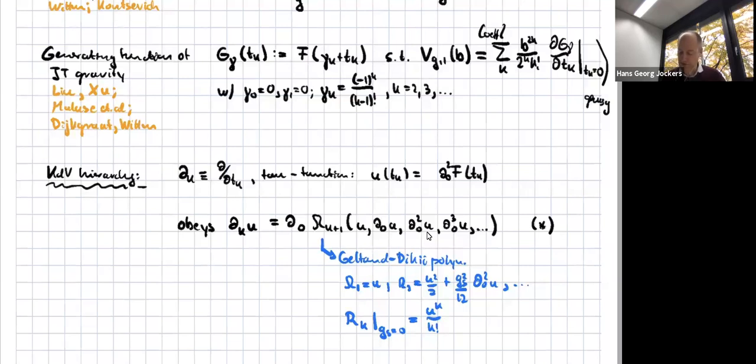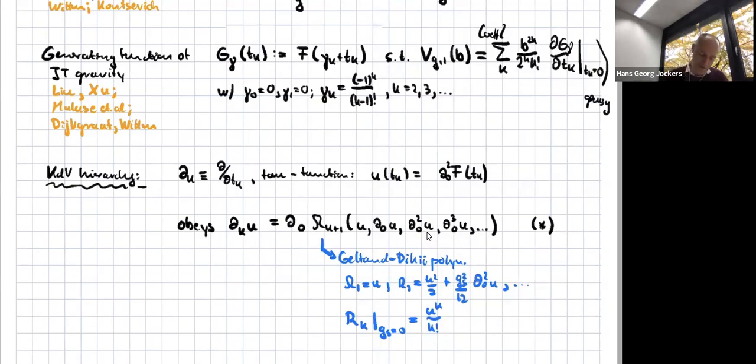Unfortunately, I don't have time to go into this, but the upshot is that you can calculate, as an expansion in GS, these functions explicitly by using some initial conditions.